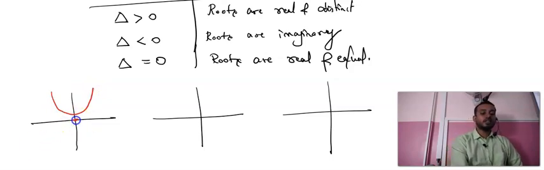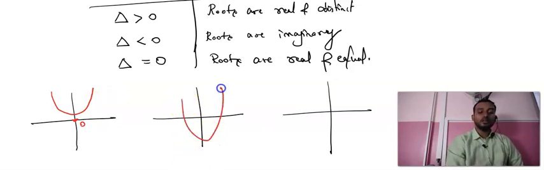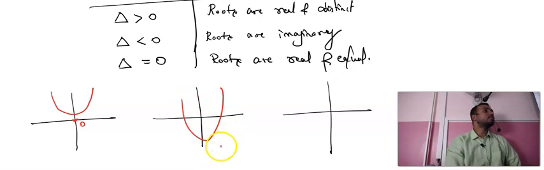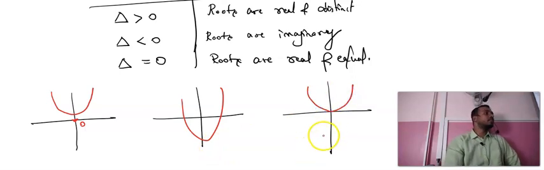This is 0, right? Greater than 0 means it is above the x-axis. Next, less than 0 means below the x-axis. If it is equal to 0, it is exactly on the x-axis. This is the nature of the graph.